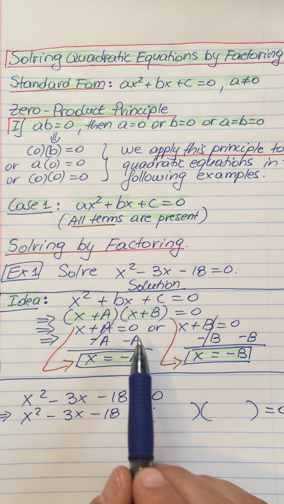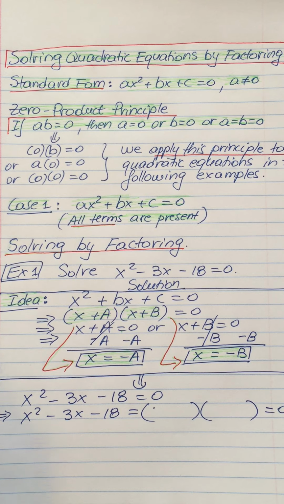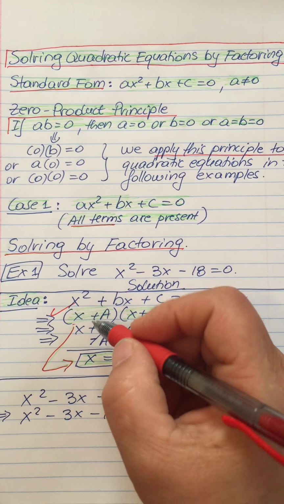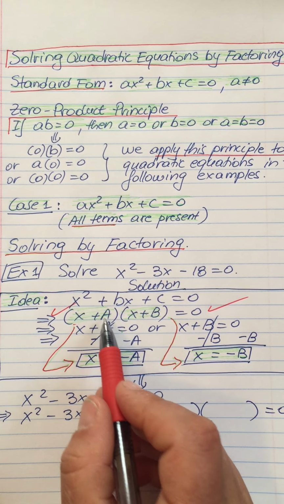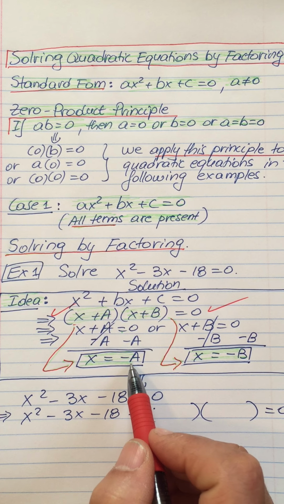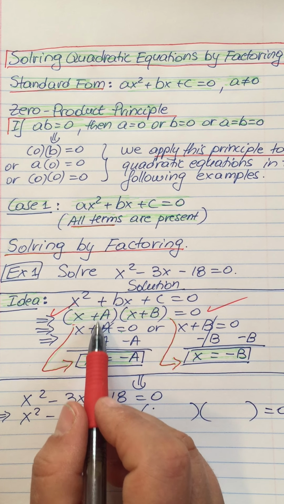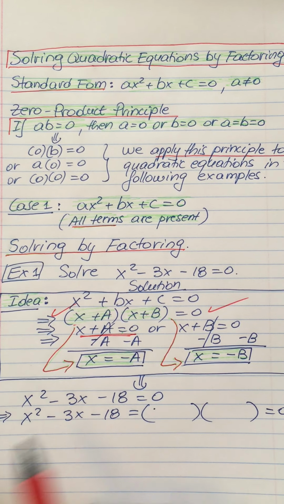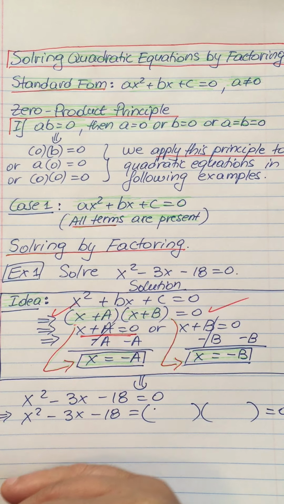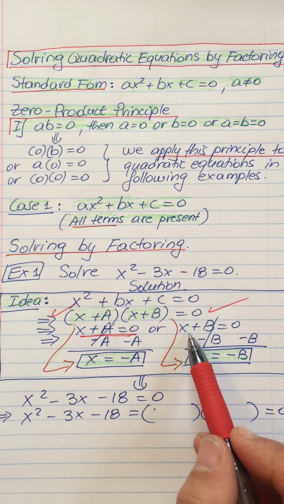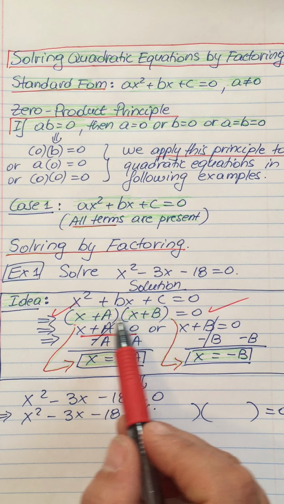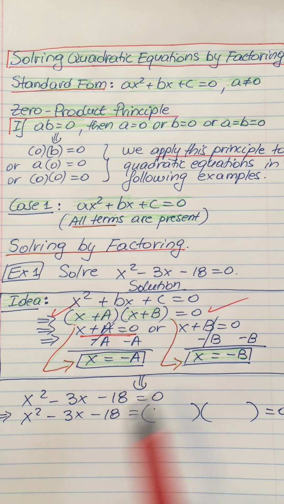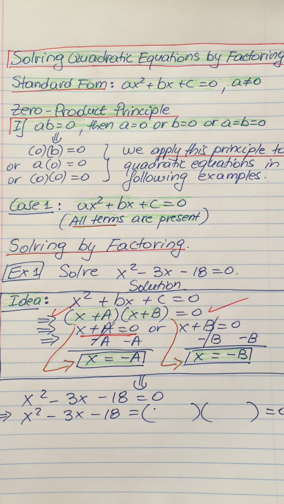This is very good because as soon as we finish factoring, the solution is just the number that we have here, but with the opposite sign, which means that this number goes to the other side of the equation. So as soon as you factor, the solutions are the opposite sign of a and the opposite sign of b. Now let's see this during the work.